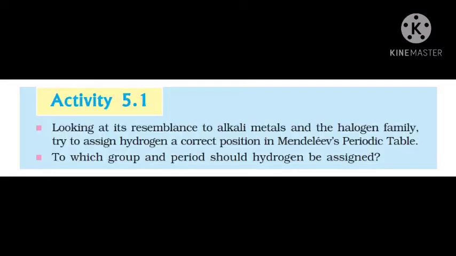Activity 5.1. Looking at its resemblance to alkali metals and the halogen family, try to assign hydrogen a correct position in Mendeleev's periodic table. To which group and period should hydrogen be assigned?